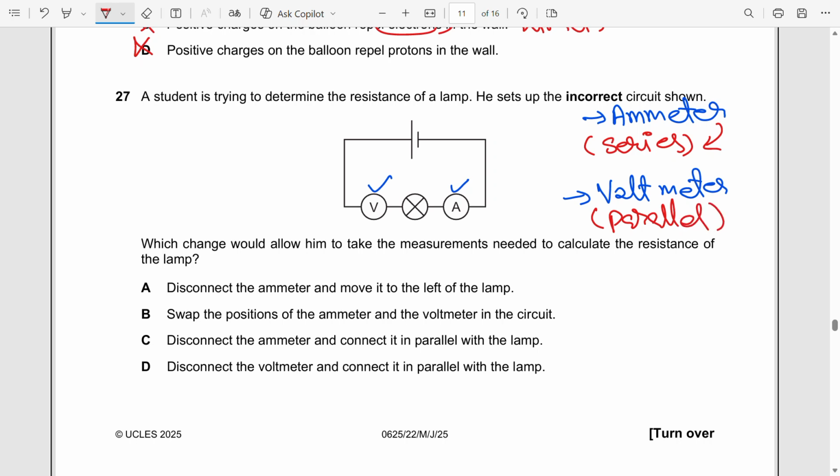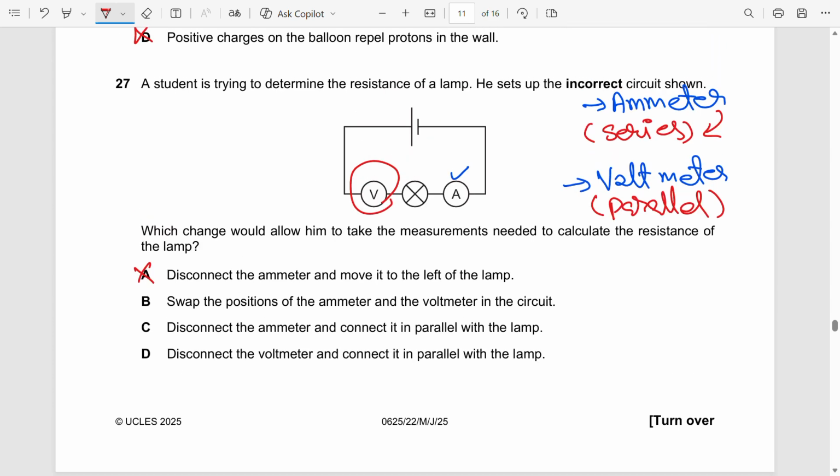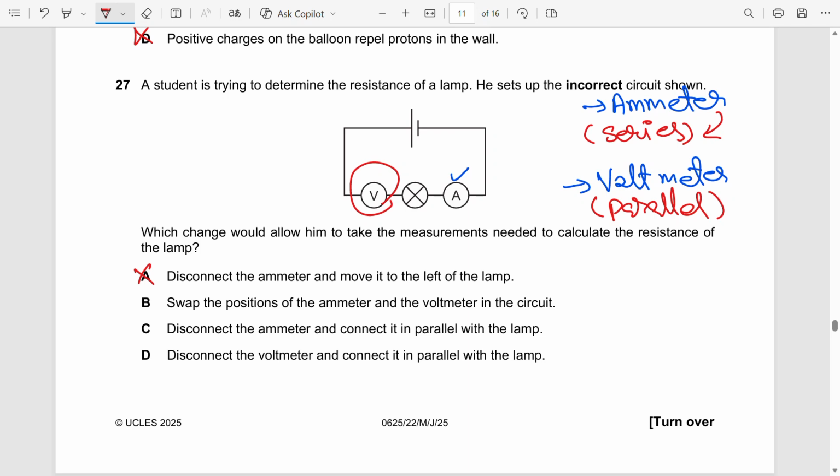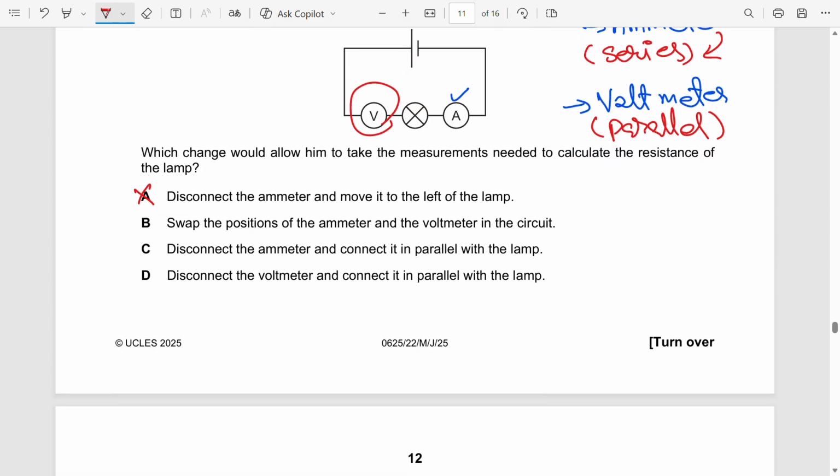So the voltmeter placement is not correct right here. My son, I'll correct it firstly. Sir has told us that the ammeter should be connected in series, which is the correct orientation, but the voltmeter should be in parallel placement, which is not present right here, so this is not a correct situation for the question.